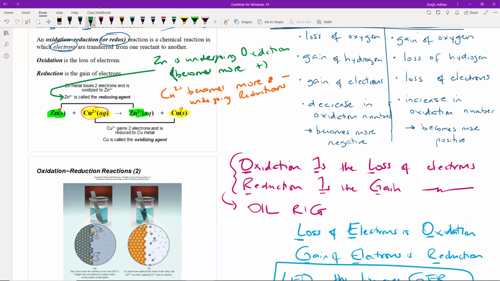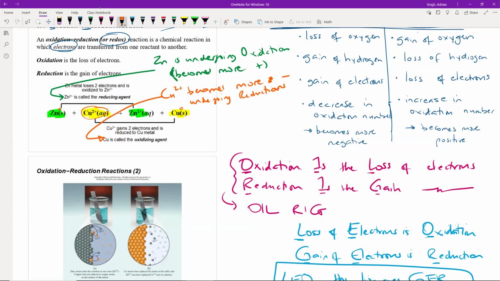And because the copper is undergoing reduction, it has to oxidize something in return. So we say that copper is the oxidizing agent. Okay, so the terms here can be very confusing.